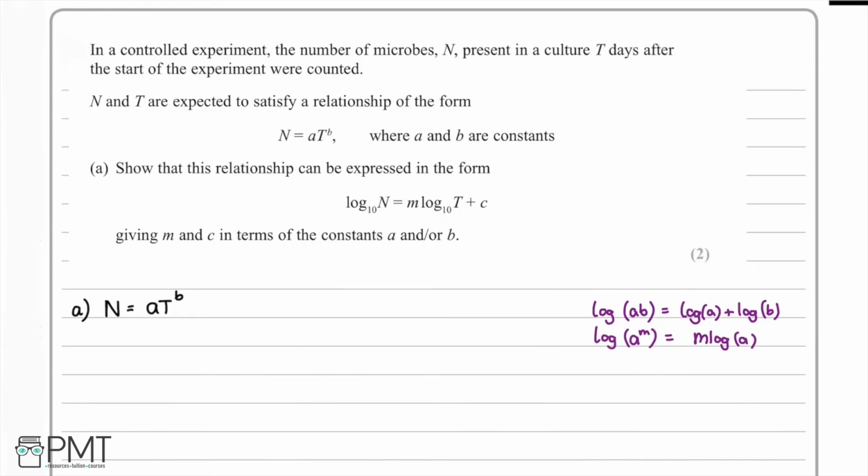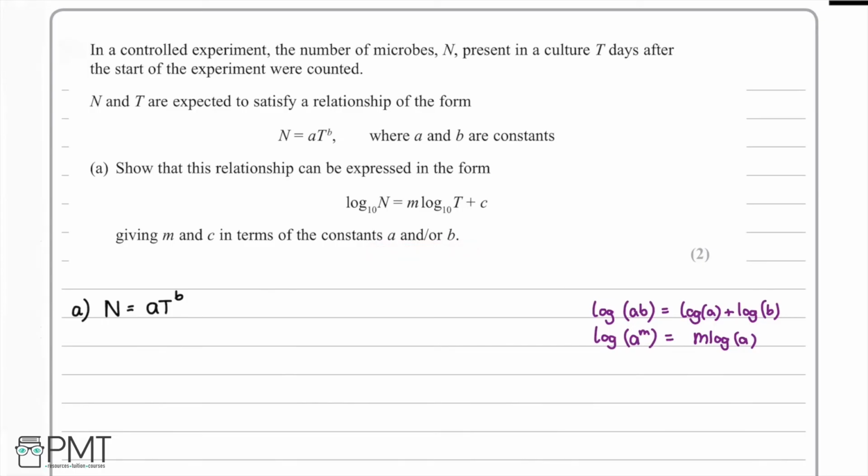We have the following information: that there's a relationship between the number of microbes and the time t, and that's given by n is equal to a t to the power of b, where a and b are both constants. So in part A of this question, we're being asked to show that this relationship can be expressed in the form log10 n is equal to m log10 t plus c, where we give m and c in terms of the constants a and/or b.